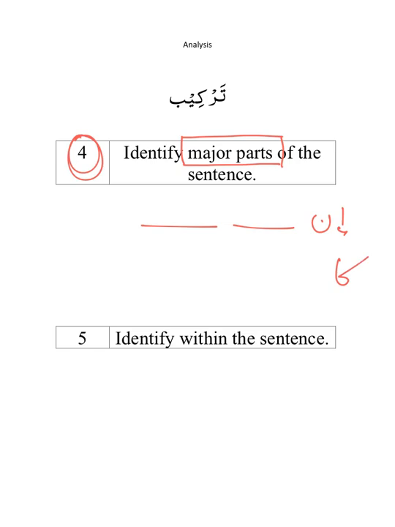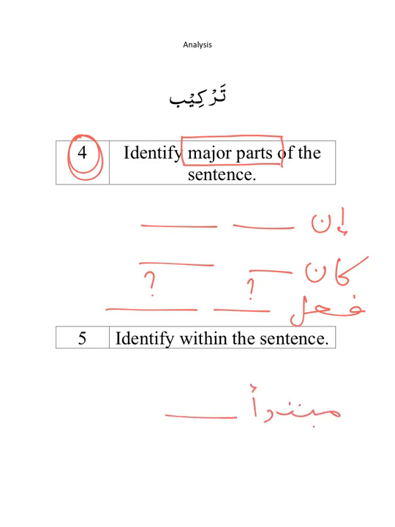If there is a kana, same thing again, where is the ism, where is the khabar? If, for example, there is a verb, where is the fa'il? Is there a maf'ul bihi, basically? So you identify the major parts of the sentence. And obviously we have mubtada and khabar. So if there is a mubtada in the sentence, where is the khabar, etc.